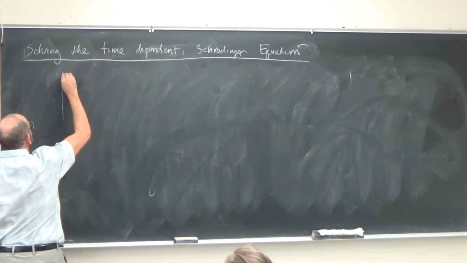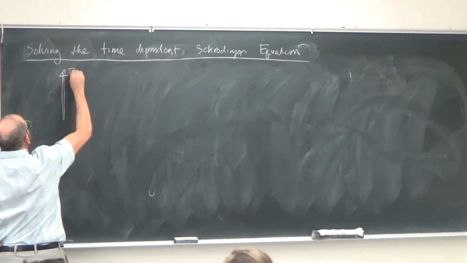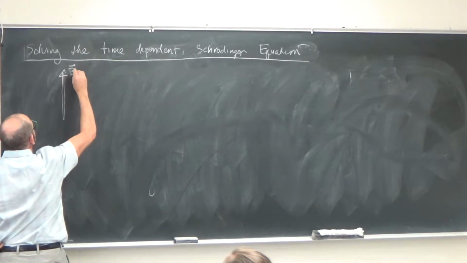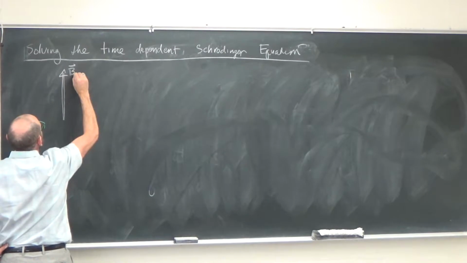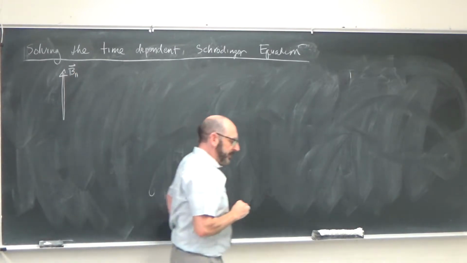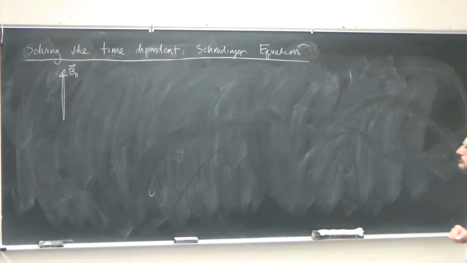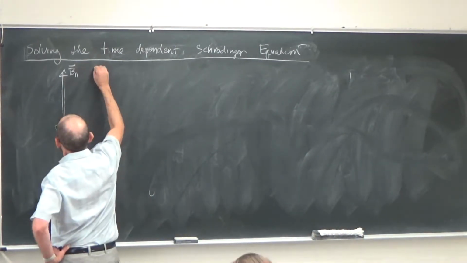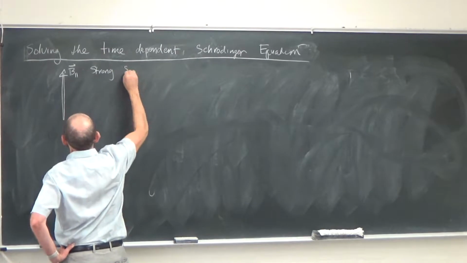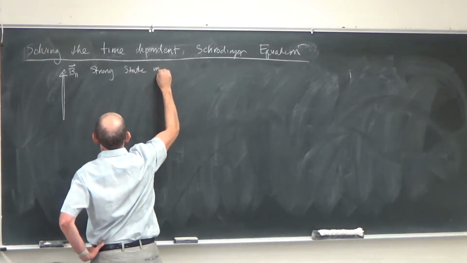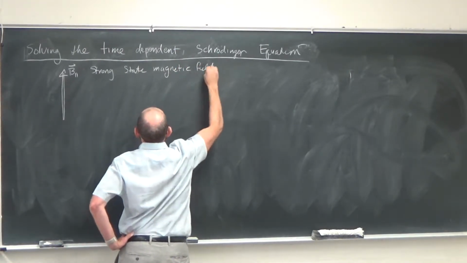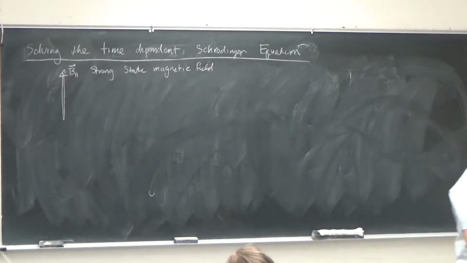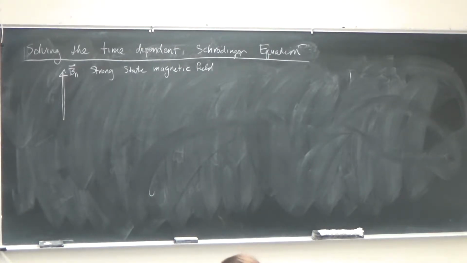We're going to put the system in a strong, static magnetic field along some direction. And that static magnetic field I'll call the parallel. And our goal is to flip the spin. Flip the spin, say, from spin down to spin up, or vice versa. Okay?